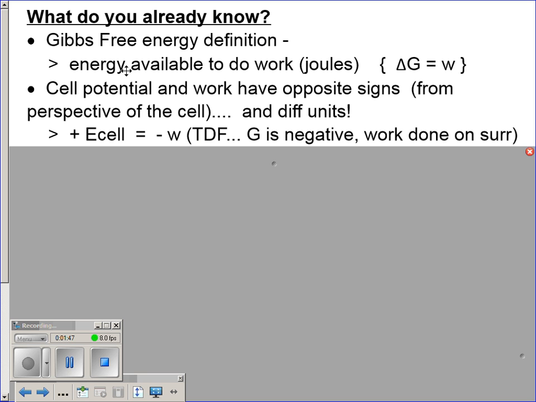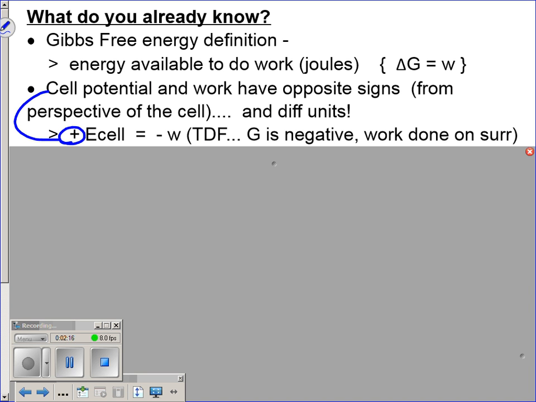All right, so you know this. You know that with the cell potential, what's the variable again? When I say cell potential, you're thinking, okay, that's the unit of volts, but we're describing it as E cell. E cell is cell potential. If it's a galvanic cell, it has a positive cell potential. That's the difference in the potential to lose electrons between the cathode and the anode.